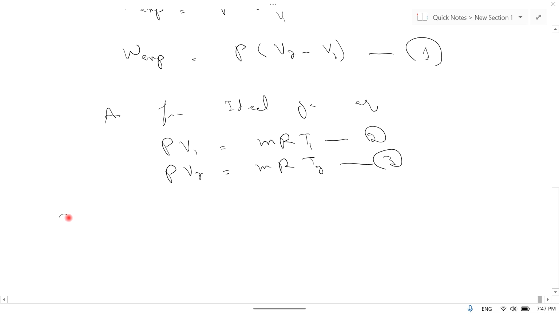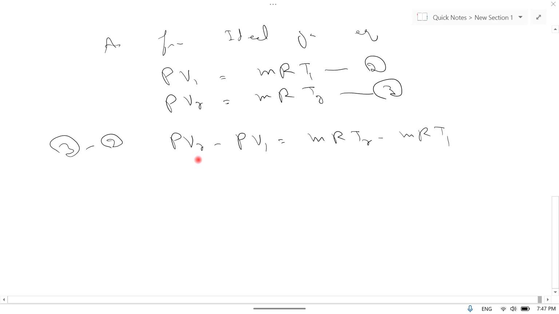So do third minus second. So PV2 minus PV1 is equal to mRT2 minus mRT1. On the left hand side pressure is constant, so P(V2 minus V1) is equal to, here m and R are constant, mR(T2 minus T1).